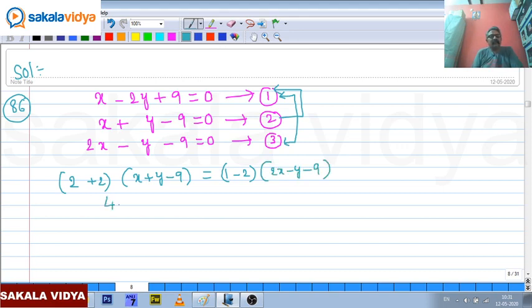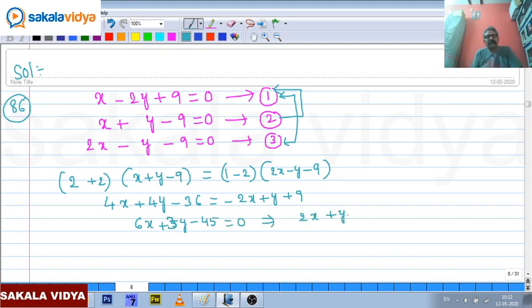This will be 4x plus 4y minus 36 equals to minus 2x plus y plus 9. This is 6x plus 3y minus 45, sorry. 3y minus 45 is equal to 0. Divide by 3. 2x plus y minus 15 is equal to 0.